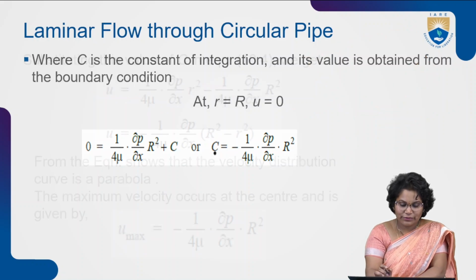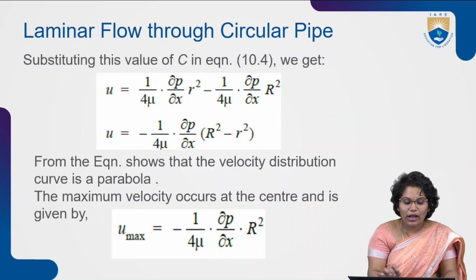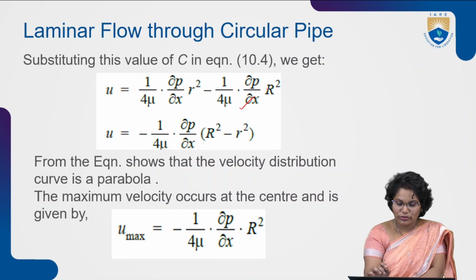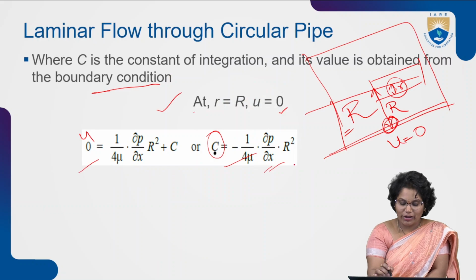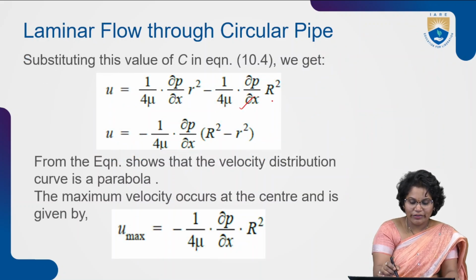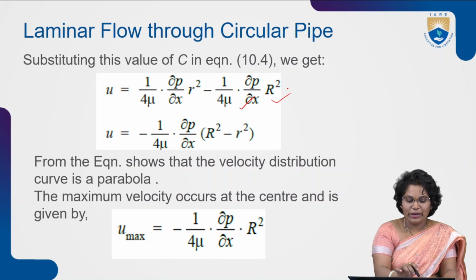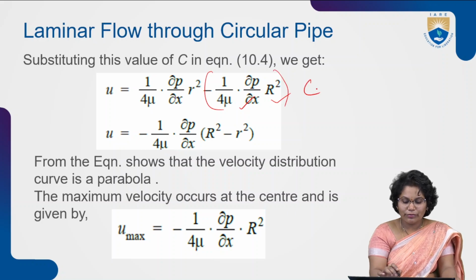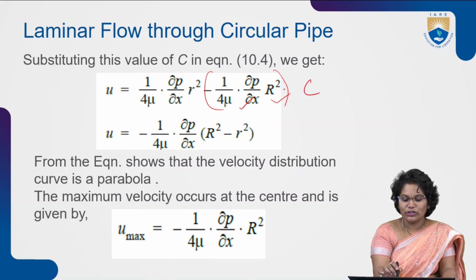After getting this, I am substituting the c value in the integrated velocity equation. I am getting minus 1 by 4 mu dou p by dou x r square, plus the complete c, 1 by 4 mu dou p by dou x into R square.